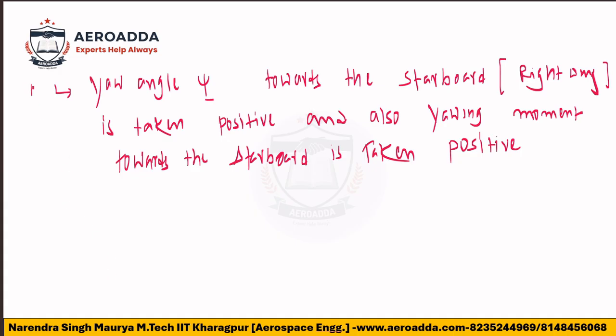For that reason, what is approximately the yawing angle? This is the first point. Second point, whatever the yawing angle psi is, it should also be equal to minus beta. You can take either psi or beta for the yawing moment. Magnitude wise, it is equal but in the opposite direction. That is the side slip.